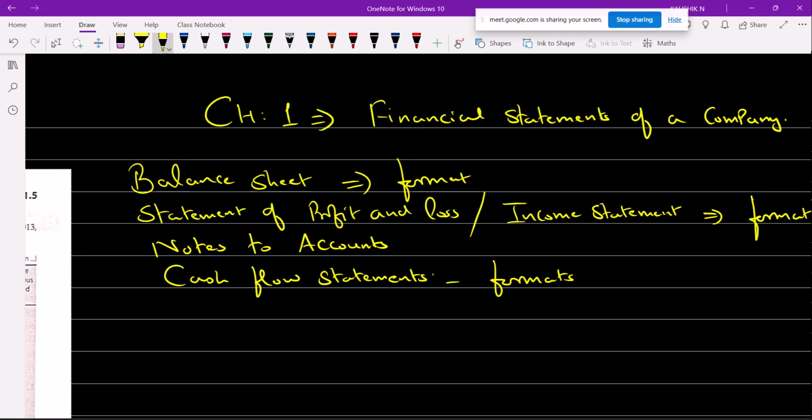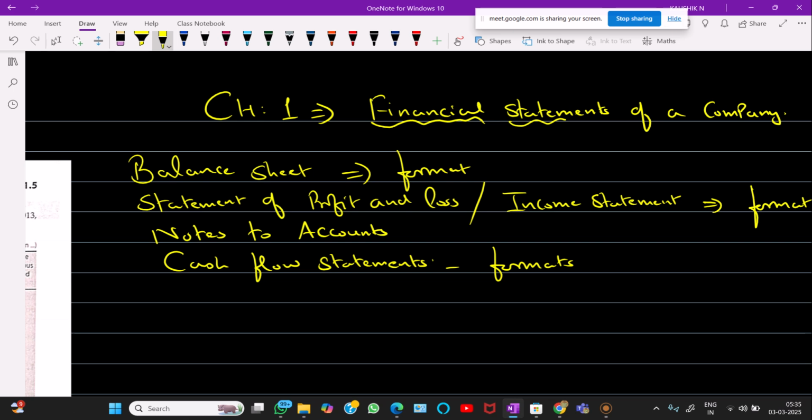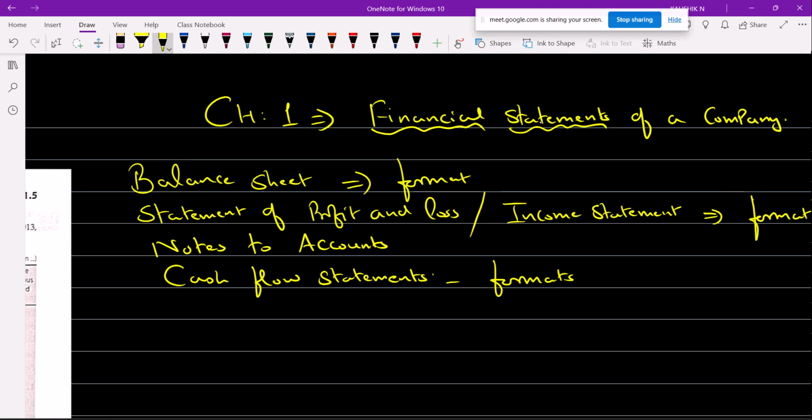Here the word is financial statements. So when we talk about financial statements, your balance sheet, your statement of P&L, notes to accounts, and cash flow become a part of our financial statements.